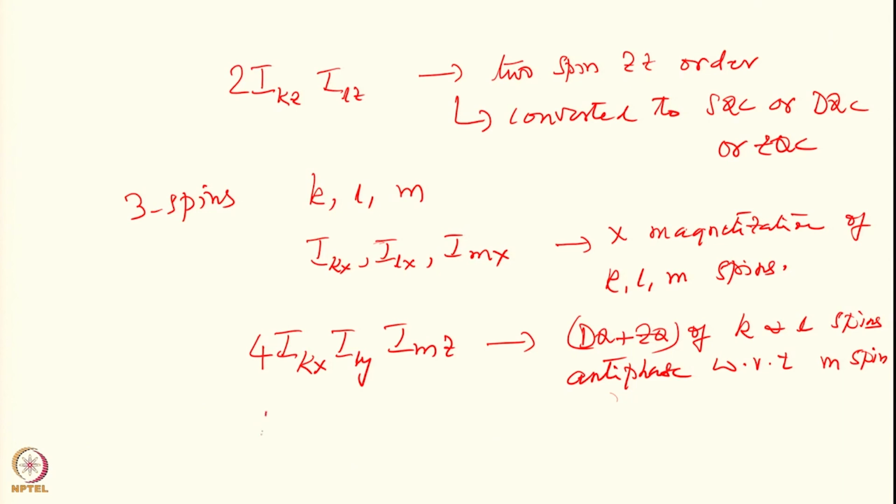Or I can also have things like this, 4 IKX ILZ IMZ. So now I have 2 Z parts, transverse is only one, transverse is only with respect to the K spin, but I will have the Z with respect to L and M. So this will be single quantum of K antiphase.